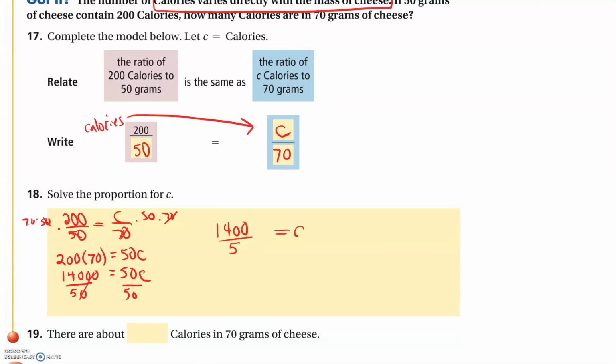When I divide these two, I get 280 equals C. So calories should be equal to 280. Now compare that. 200 calories was to 50 as 280 is to 70. That seems like a logical conclusion. A good answer there. We know it's going to be over 200, but not too much. So 280 calories.